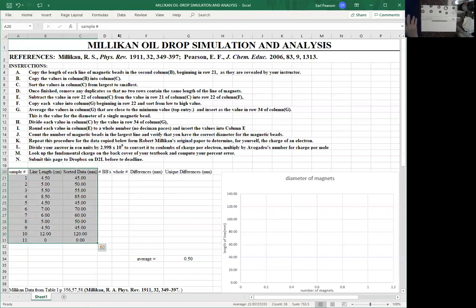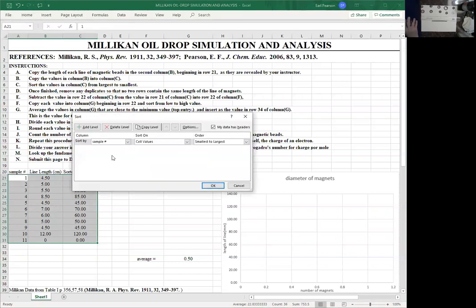Okay, so now I want to go sort this, and my data does have a heading, and it's right now looking at sample numbers. What I want to do is look at the sorted column, which is going to be this one, and I want to sort that from largest to smallest.